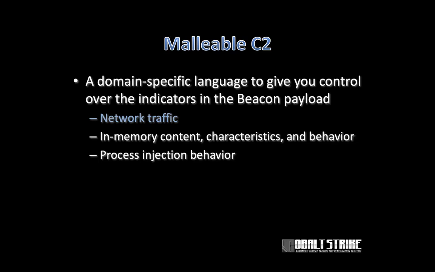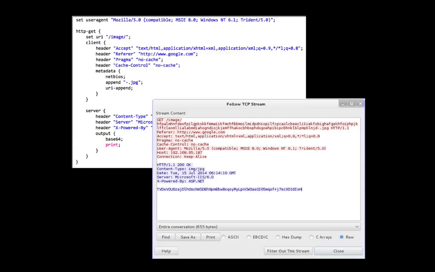And you have fine-grained control over how beacon does process injection as well. Malleable C2 also has options to set advanced options in Cobalt Strike's post-exploitation DLLs. For this lecture, we're primarily going to focus on network traffic.